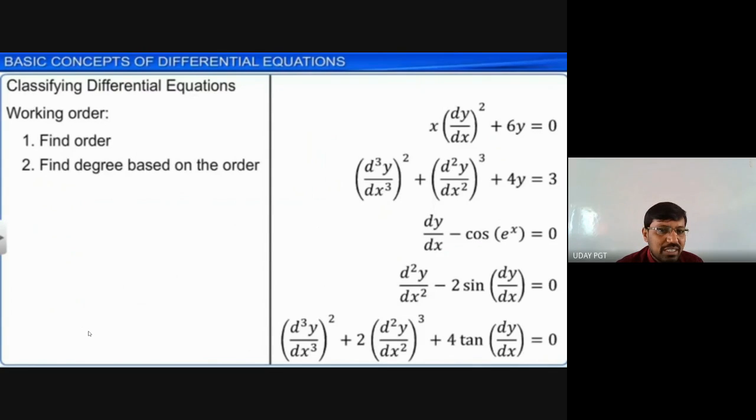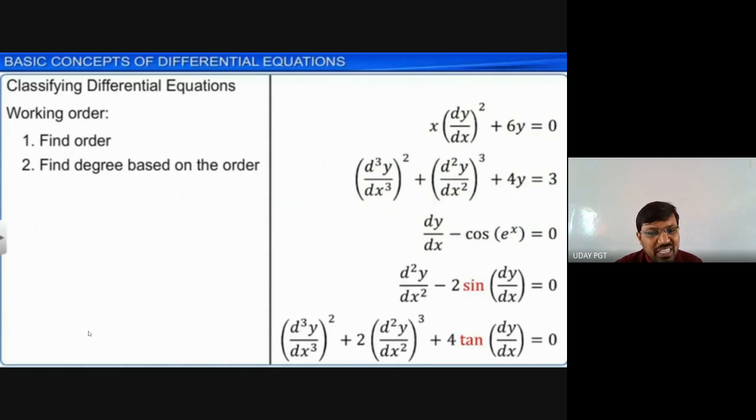Whenever you observe the functions highlighted in blue: x into dy by dx plus 6y, d cube y by dx cube whole square, d square y by dx square whole cube, like that. But when you observe the last two functions, the sine function is given, with the differential equation inside the function.